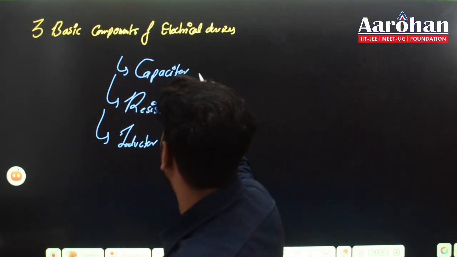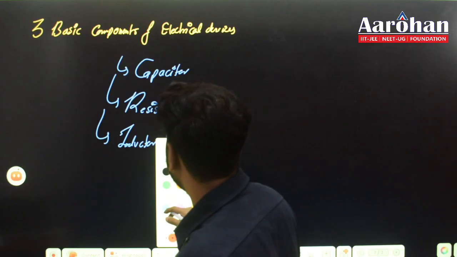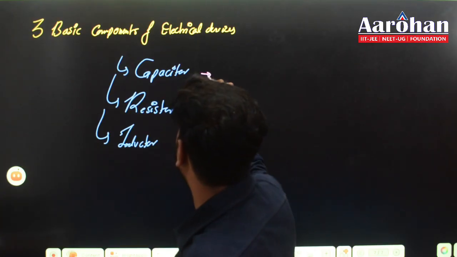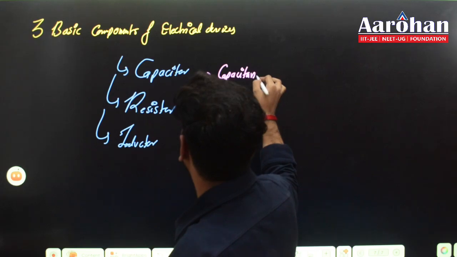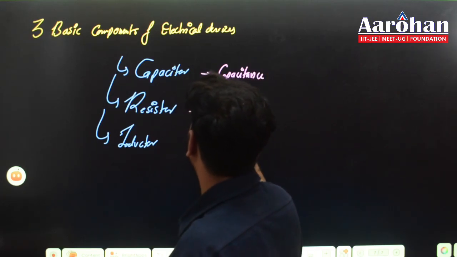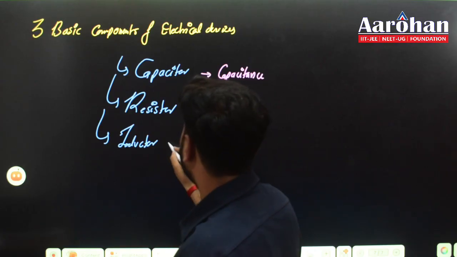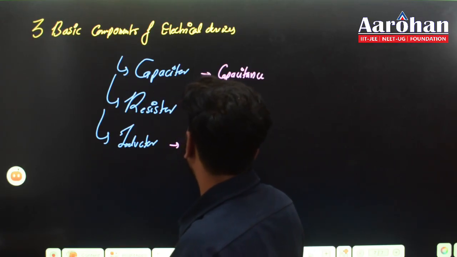So what will a capacitor have? A capacitor is a device, and it will have capacitance. A resistor is a device and it will have resistance. An inductor is a device, it will have inductance.